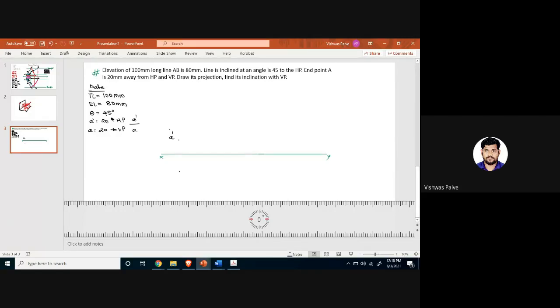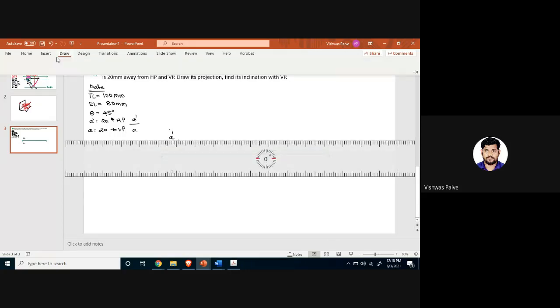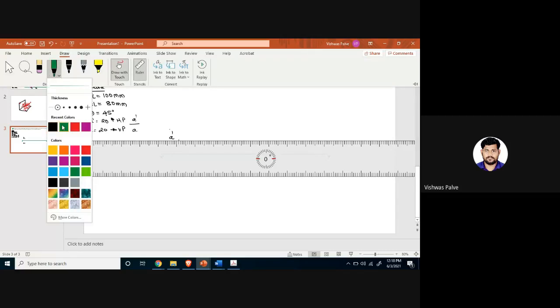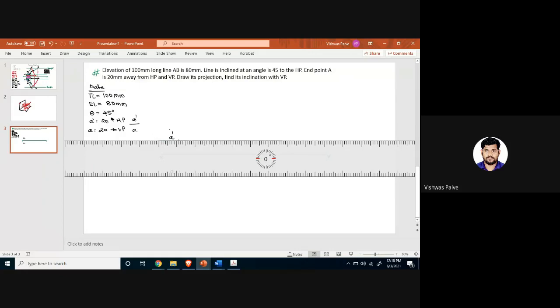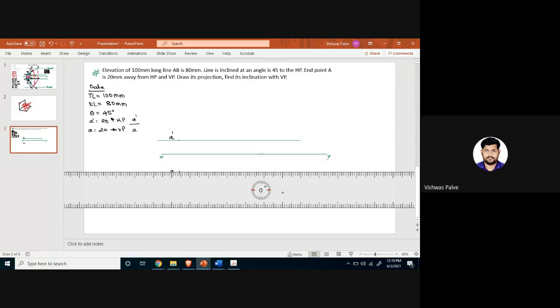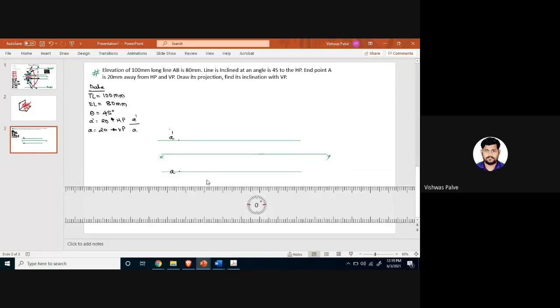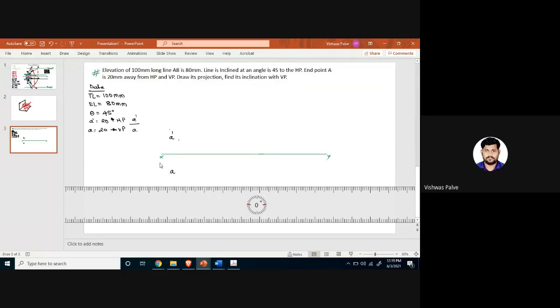After taking point A and A dash, you have to draw a horizontal line from point A dash and a horizontal line from point A. Both should have the same distance.